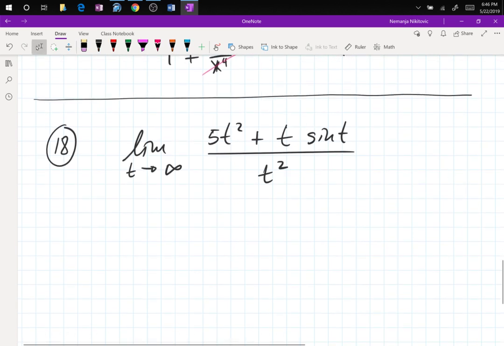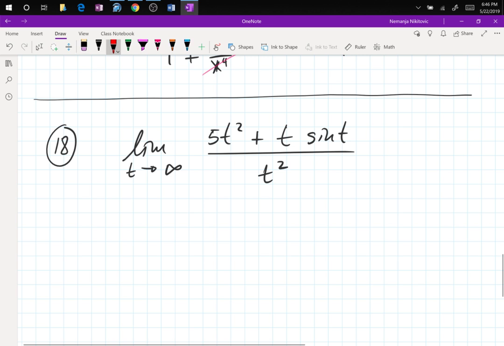Now, one cool thing about trig and these limits that go to infinity is that sine and cosine are bounded by 1. So they don't actually count in these problems at all. You can just ignore them.